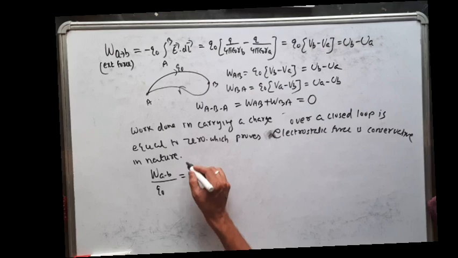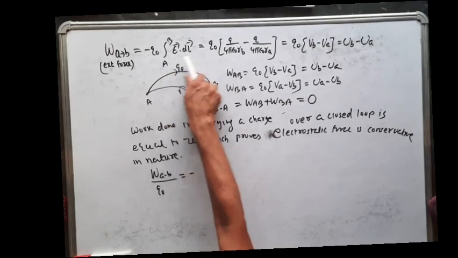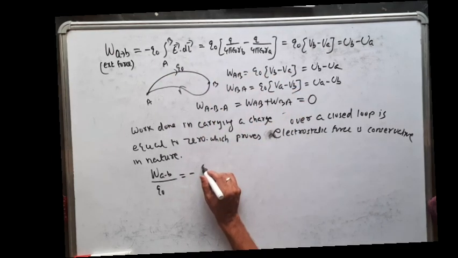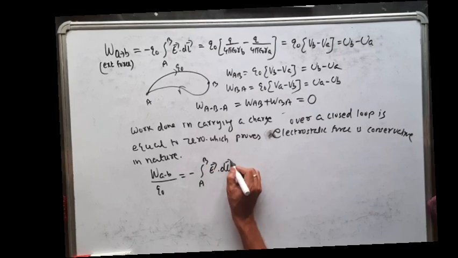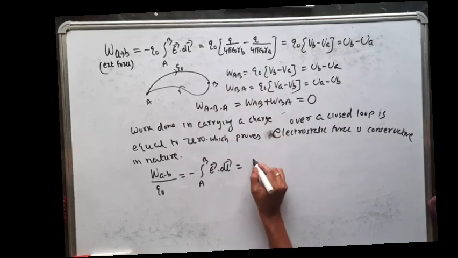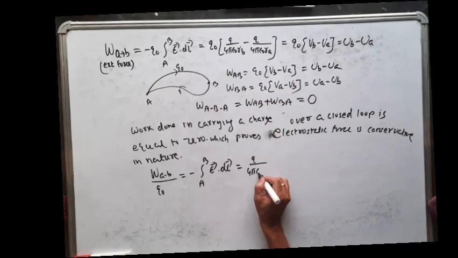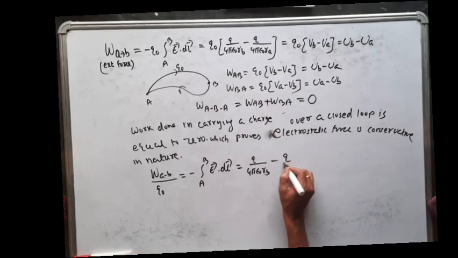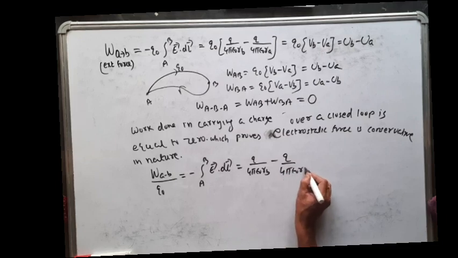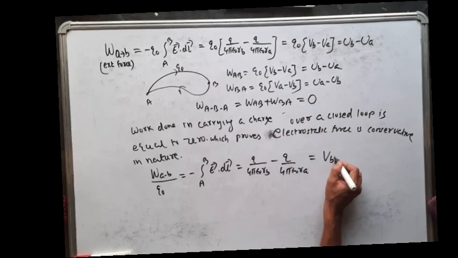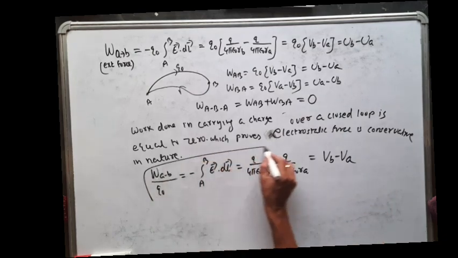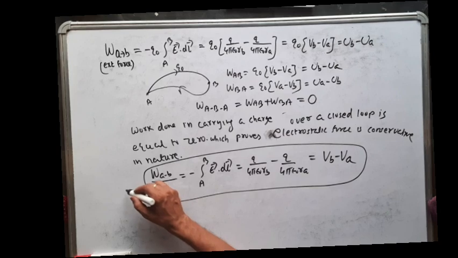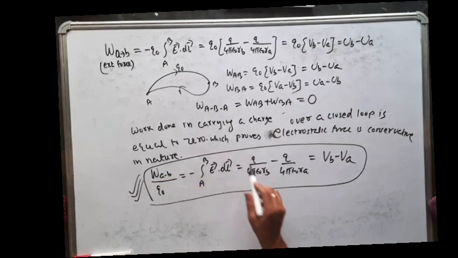Just divide by q naught everywhere, and you will get minus integral from A to B of E dot dl. That is equal to Q by 4 pi epsilon naught RB minus Q by 4 pi epsilon naught RA, which is equal to VB minus VA.